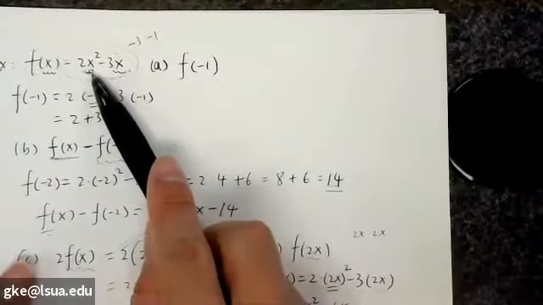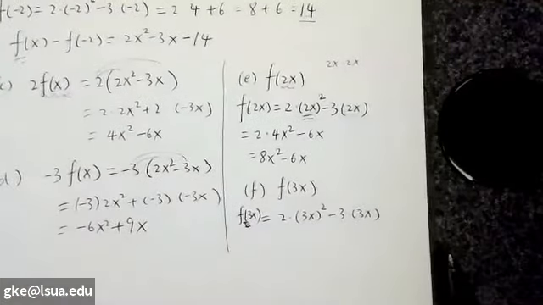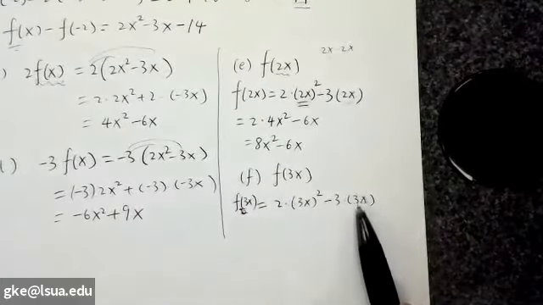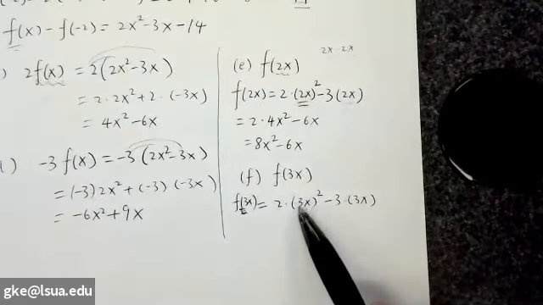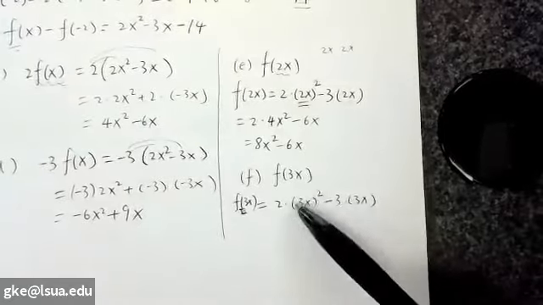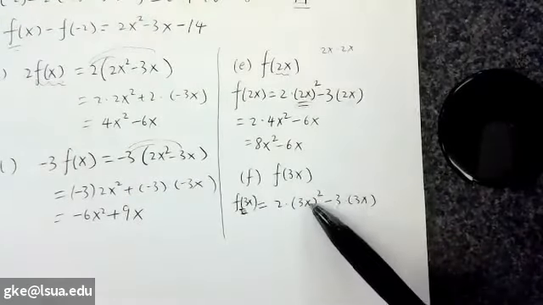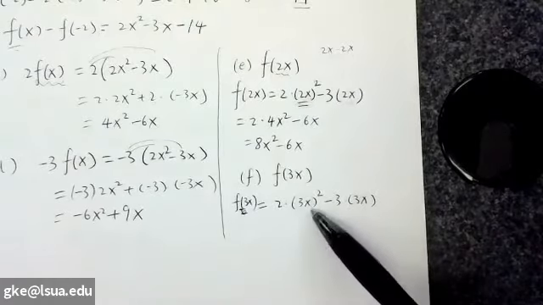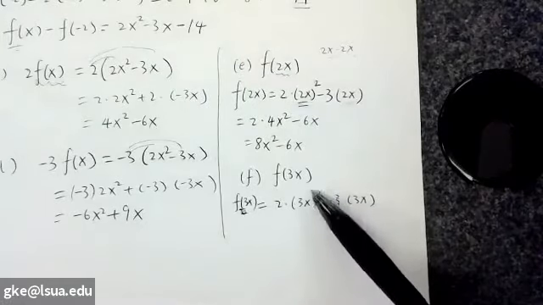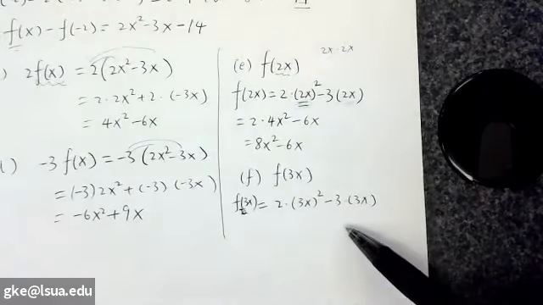Replace this x by 3x, and replace this x by 3x. When you plug in 3x, be careful. You need to put parentheses. Otherwise, you probably will not square the whole thing, and you will just square the x. So putting in parentheses helps you avoid any kind of error.